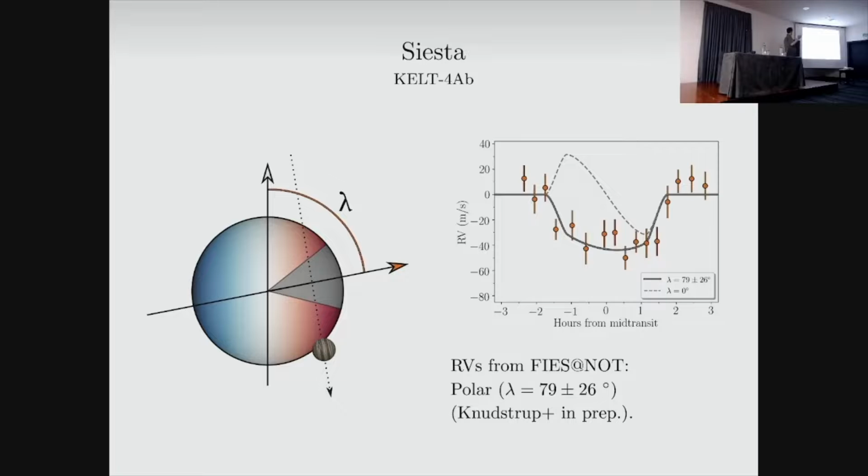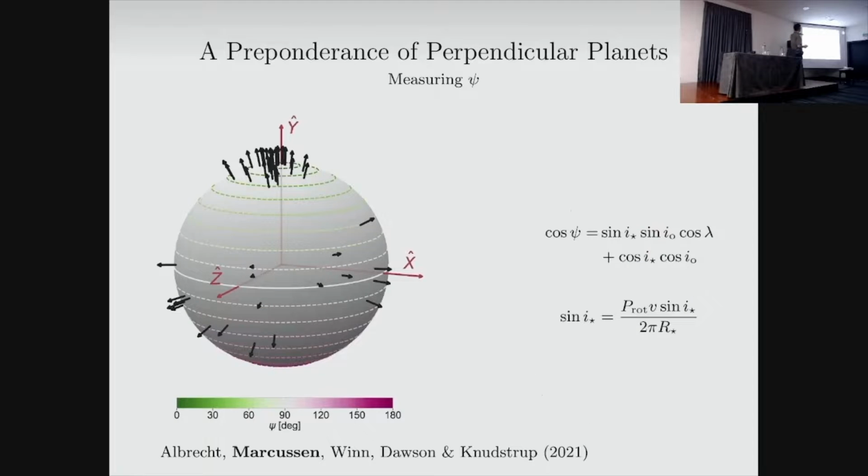I mean, if I were to make some guesses of whether this was common or not two years ago, I would probably say this is spectacular, but we actually find a preponderance of perpendicular planets, tongue twister for you there. By measuring the obliquity here, which Markussen can tell you much more about, so instead of just the projected obliquity, we then measure the true 3D obliquity.